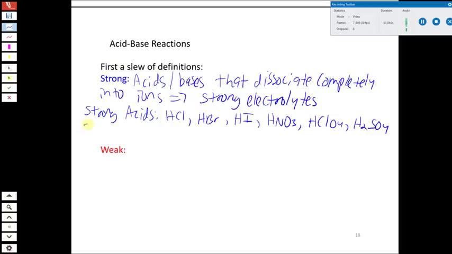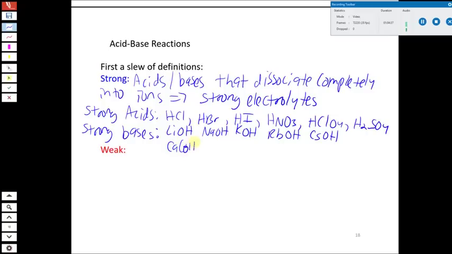The strong bases are essentially just the soluble hydroxide compounds. Thinking back to our solubility rules, the bases that would be classified as strong bases because they dissolve in water to release hydroxide would be all of the group 1 hydroxides: lithium, sodium, potassium, rubidium, and cesium. These are all soluble hydroxides, so they would be classified as strong bases. And as we also said, most hydroxides are insoluble, but the heavier group 2 hydroxides are exceptions to that.